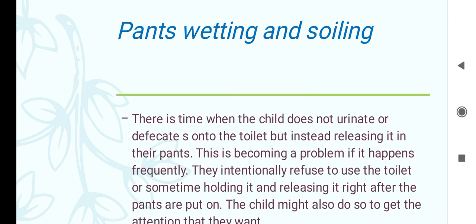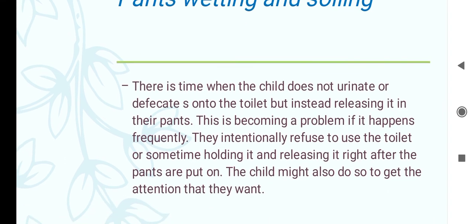This is becoming a problem, of course, if it has happened frequently. They intentionally refuse to use the toilet or sometimes hold it and release it right after the pants are put on. Ini lagi bahaya.